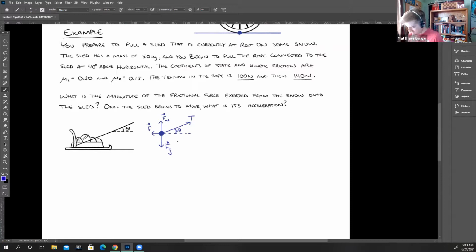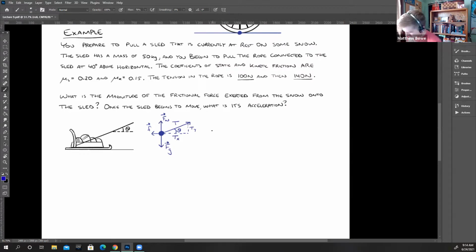While we are on this planning phase, we already know we're going to split it up into components. So the tension is made of an X component and a Y component. Let me put tension right there. There we go.